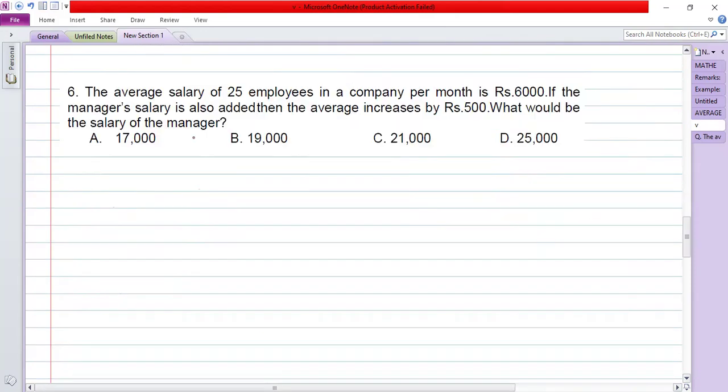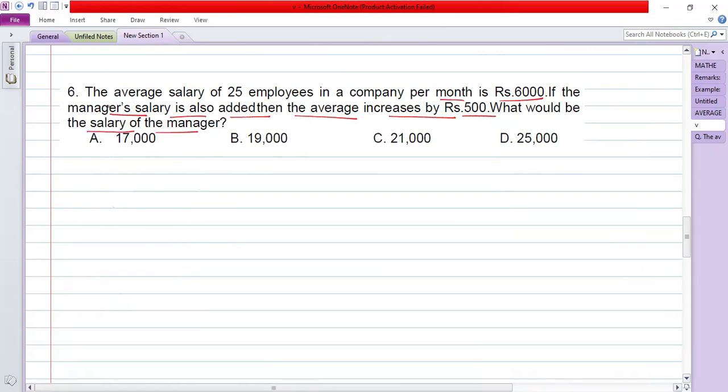Now here, the average salary of 25 employees in a company per month is 6,000. And if the manager's salary is also added, then the average salary increased by 500. What would be the salary of the manager? Even this question, actually any question in analytical skills, can be solved in multiple ways.